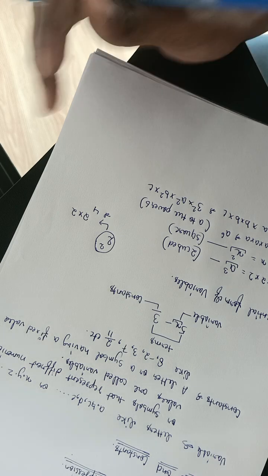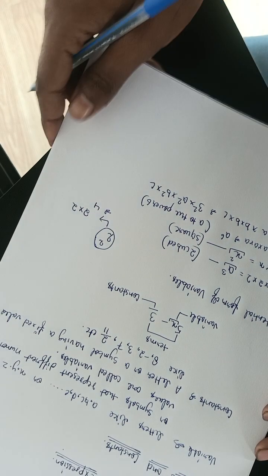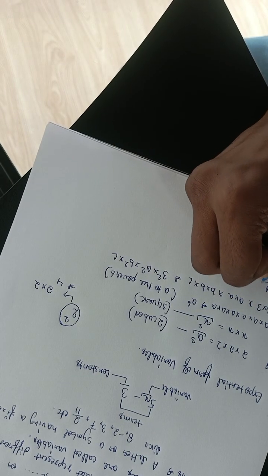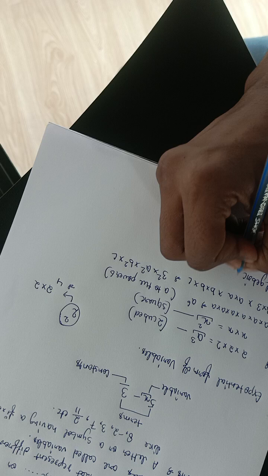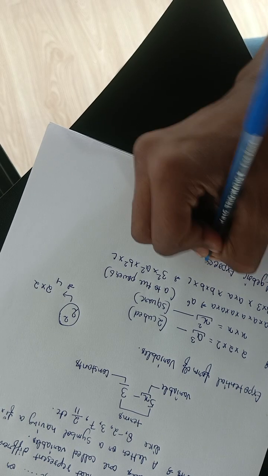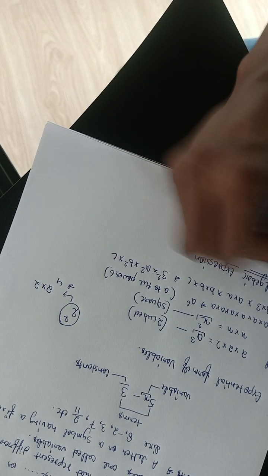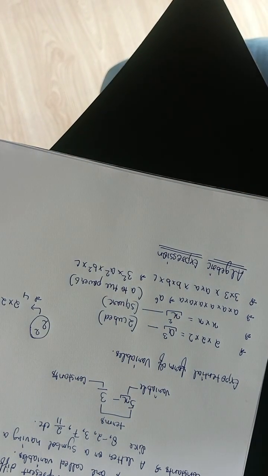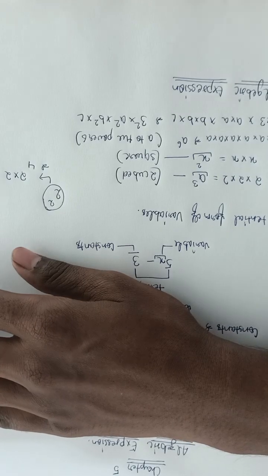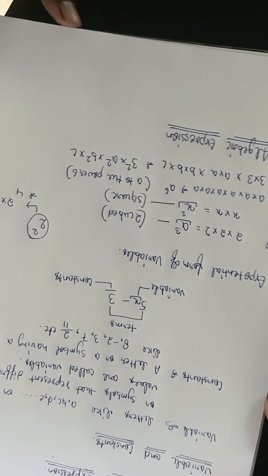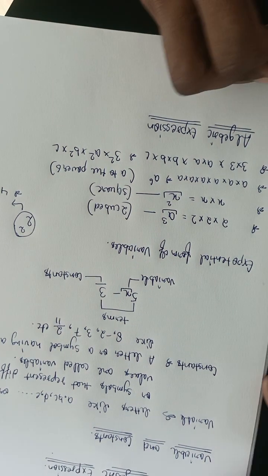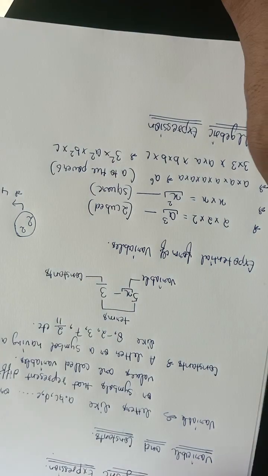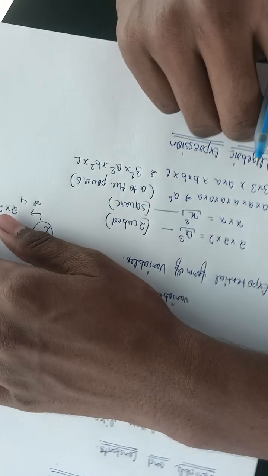Now let's understand what is an algebraic expression. Suppose I'm writing it over here: algebraic expression. What does this mean? It means a combination of constants and variables connected by different operations is known as an expression or algebraic expression.